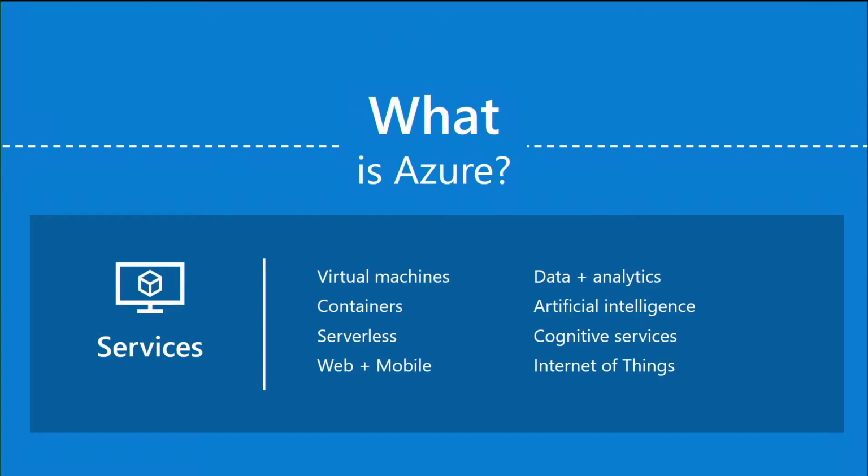If you're a developer or an IT pro, these words are resonating with you because they're so hot at this moment. Data and analytics has always been a priority for the C-suite for the last decade. Artificial intelligence, cognitive services, and IoT. That's just a small amount of things that you can do with Azure.